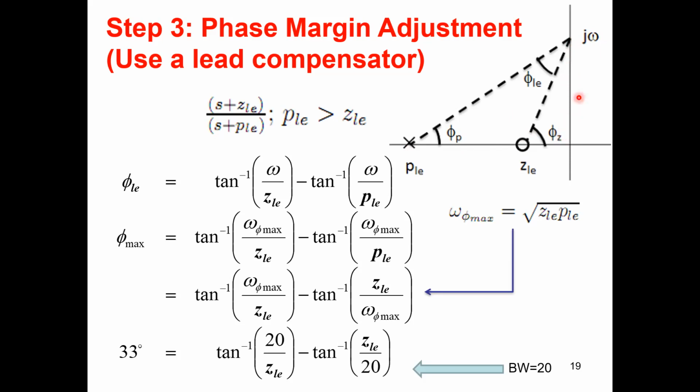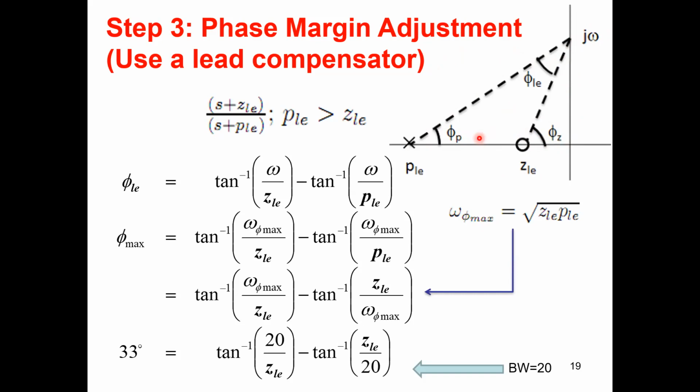So at a given point, j omega, the phase added by the phase lead compensator is this minus this. This is a bigger angle. This is a small angle. This minus this. Okay.